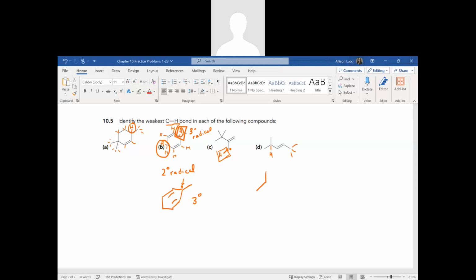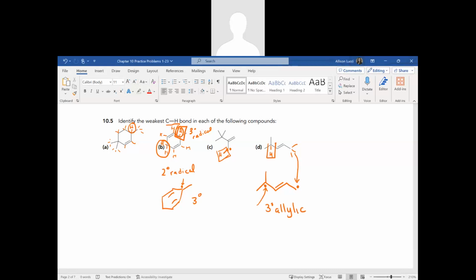Let's see what would happen at either of these sites. If we removed one from over here, this would result in a primary allylic radical, versus if we removed the one over here, that would result in a tertiary allylic radical.